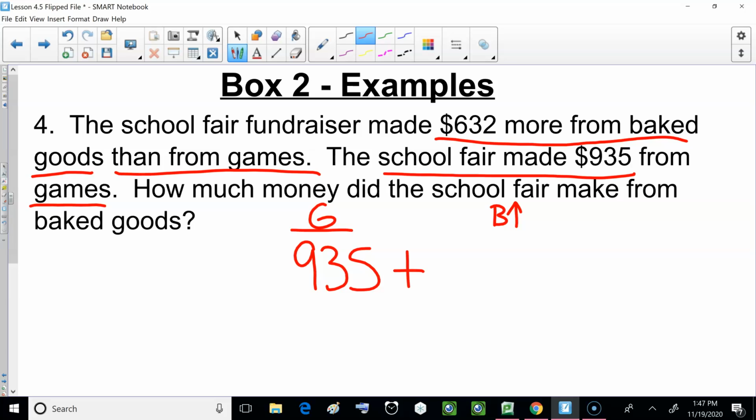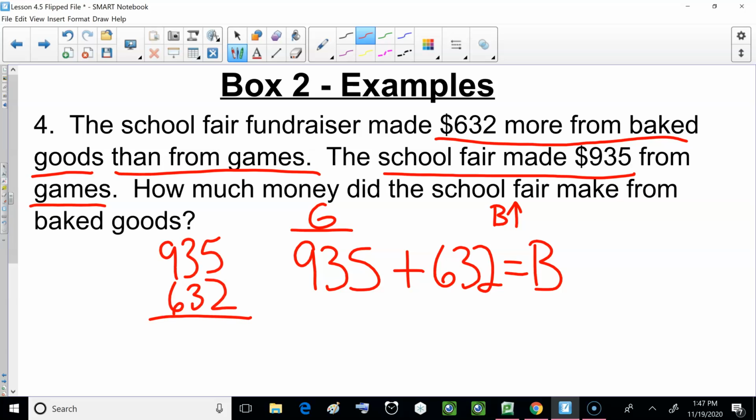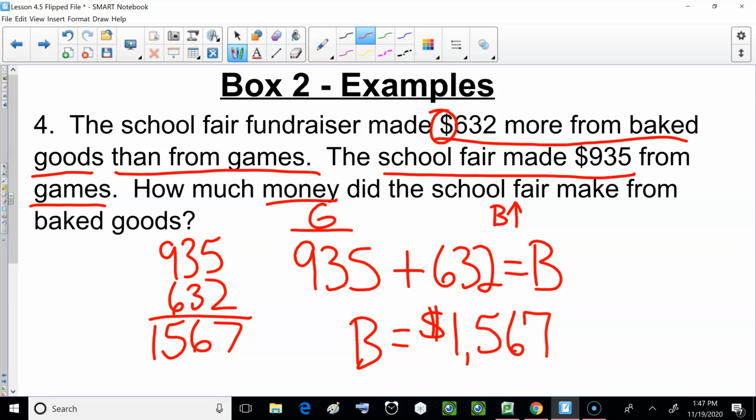I'm going to add 632 to equal my B, which would stand for baked goods. Now I'm going to line it up as a math problem to solve. B equals, it's a cost, right? How much money? So look for money. I see a dollar sign for my label. $1,567. So you can write that down, see how we work through the process to help you solve some comparison word problems.